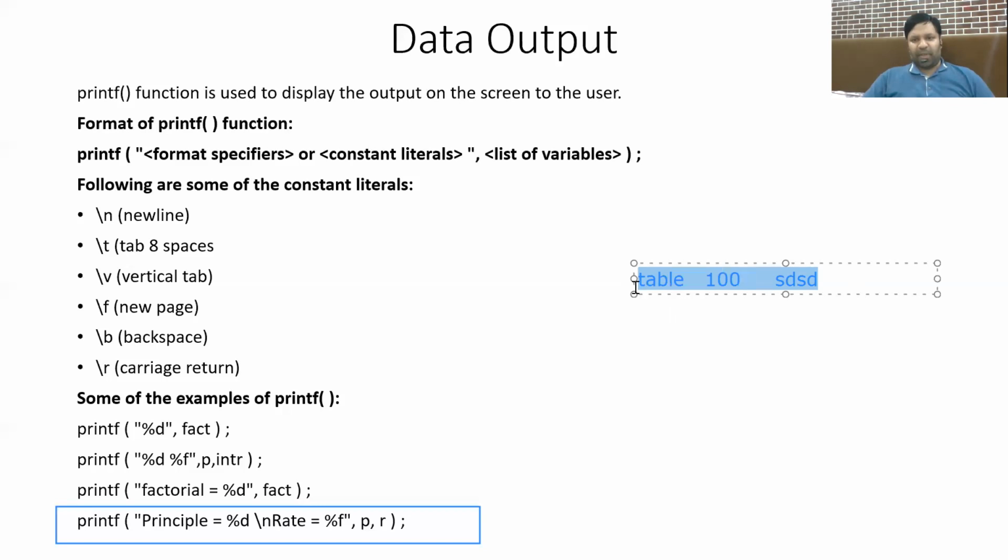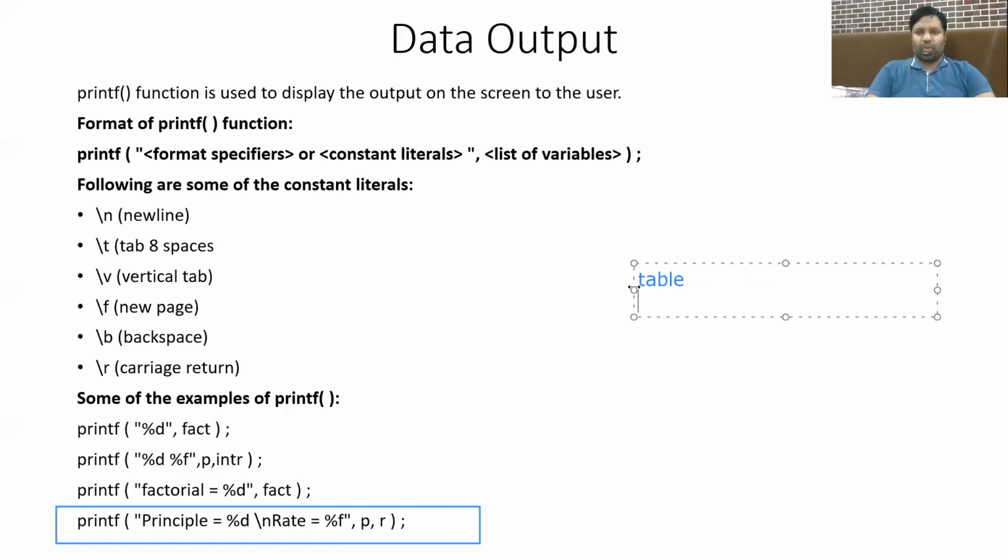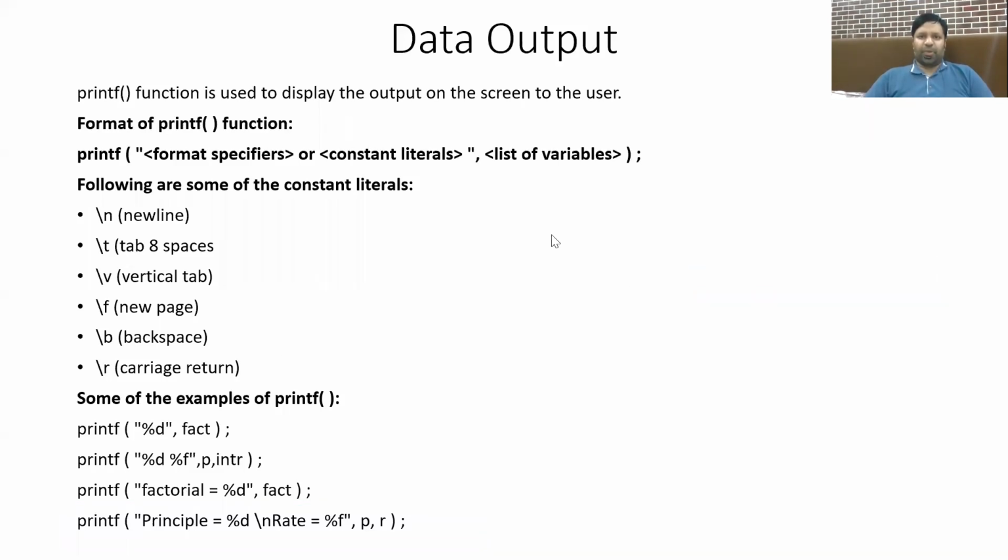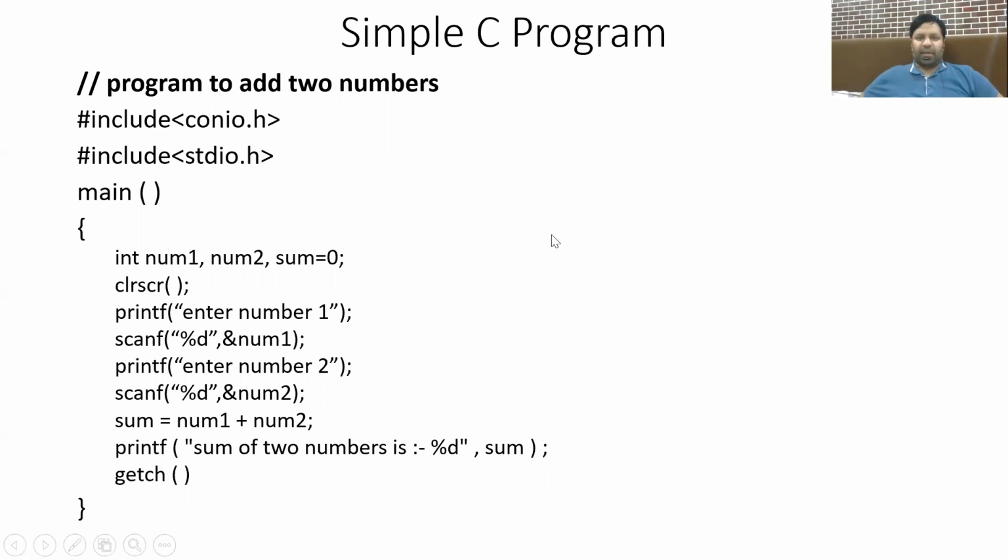For example, if I say table/n, then I am moving the cursor to the start of the next line. But if I say table/r, then the cursor will move to the starting position of the same line. So I hope it is clear to you the use of printf for the data output.